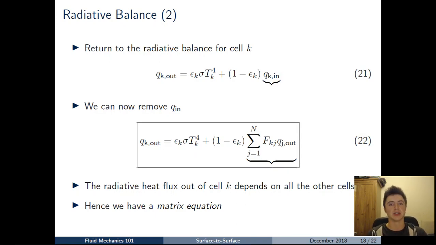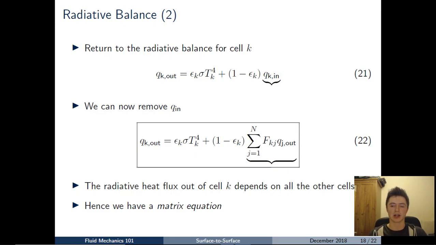What equation 22 tells us is that the radiative heat flux given off cell k is equal to the emissive power from that cell, epsilon sigma times its temperature to the 4, plus the reflectivity of that cell multiplied by the summation of the radiative heat flux given off all of the other cells in the mesh.